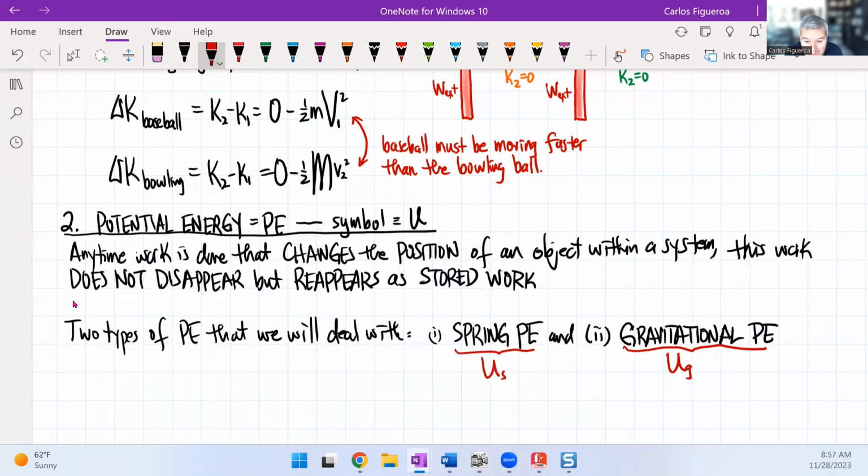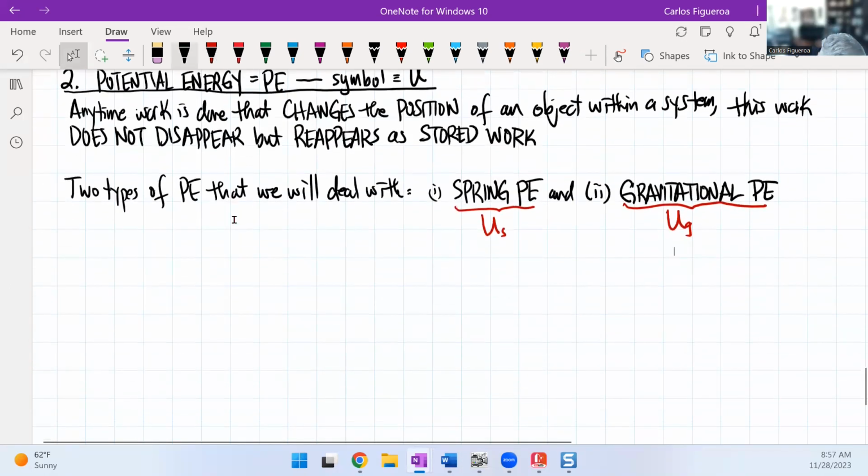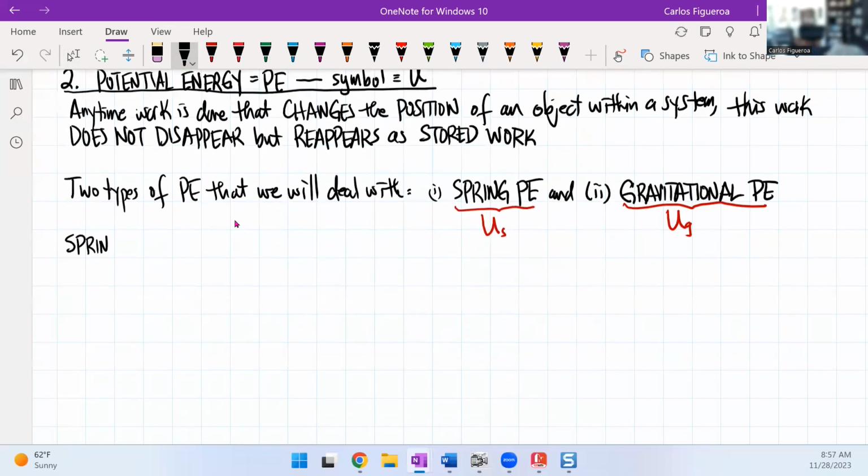So let's deal with the spring potential first, and then I'll have to define a couple of things. So here we go. The first potential that we'll deal with is the spring potential energy. Now, suppose we have a system where we have a block and a spring attached.